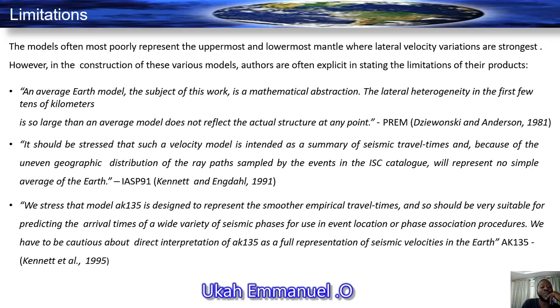So we have to be cautious about direct interpretation of AK135 as a full representation of the seismic velocity in the Earth, right? And it should be stressed that such a velocity model is intended as a summary of seismic travel times, and because of the uneven geographic distribution of the ray paths sampled by the events in the ISC catalog, we represent no simple average of the Earth.